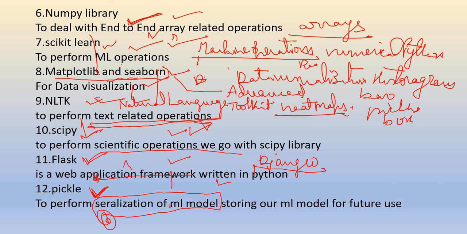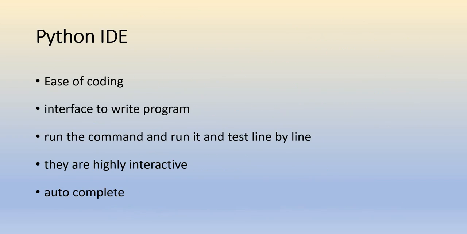And pickle is a serialization module. Your entire model will be converted into a set of binary data. This is possible by converting it into a pickle file, which can again be used with Flask. Like that, we have various packages.